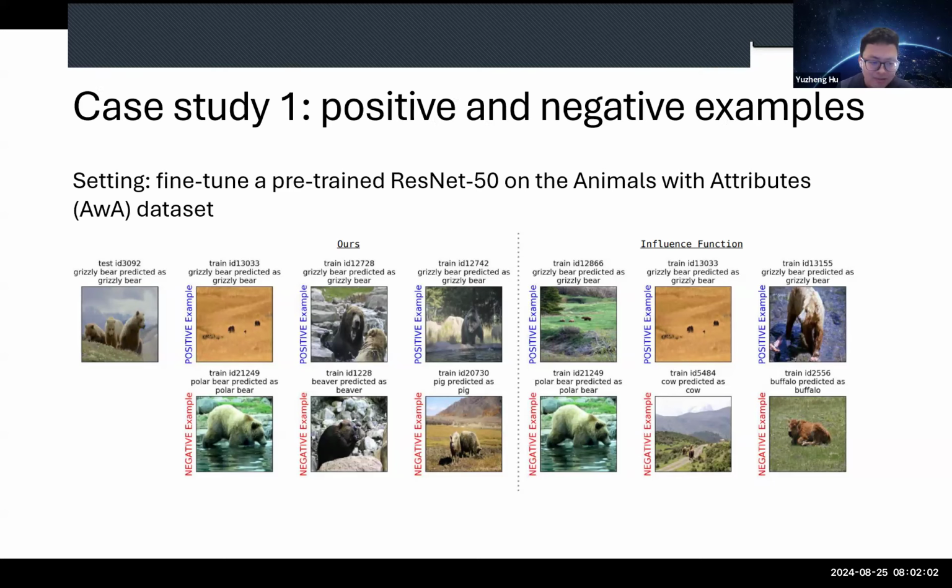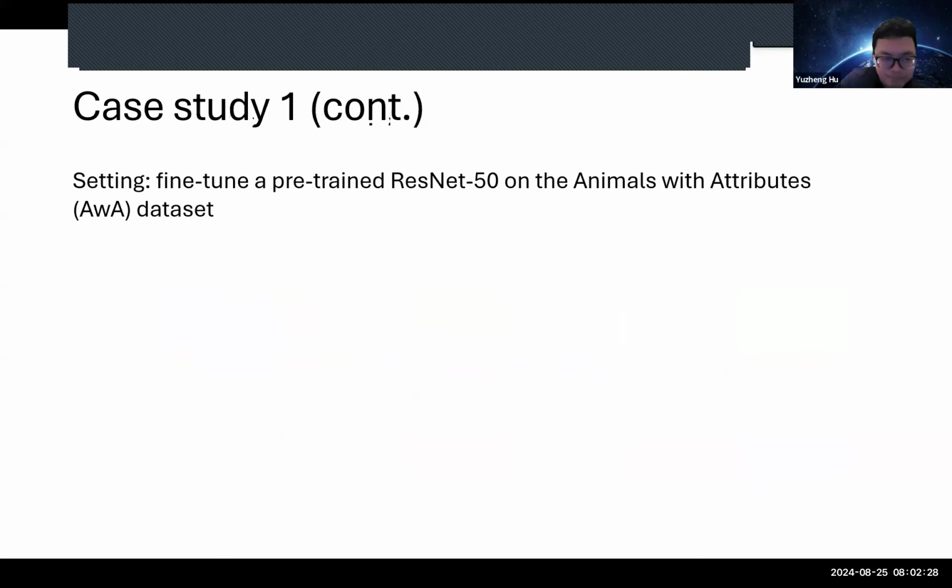And we look at the first example selected by representer point selection. I think it looks like a polar bear. So semantically, it looks very similar to the test example, but it actually has a different label. So I think it makes sense, right? These kinds of examples will actually be harmful for the model to make the right prediction. So this intuitively makes sense.